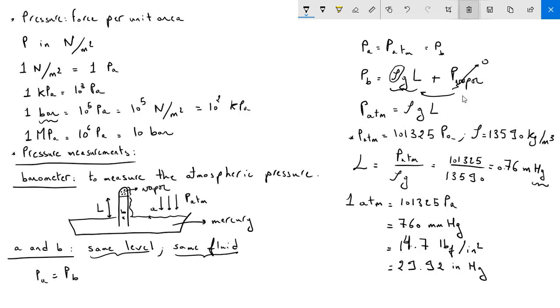To measure the pressure inside a tank, we use the manometer. With a manometer, we can also measure pressure distribution. Suppose we have a tank filled with some gas at a pressure P. This tank is connected to a manometer.